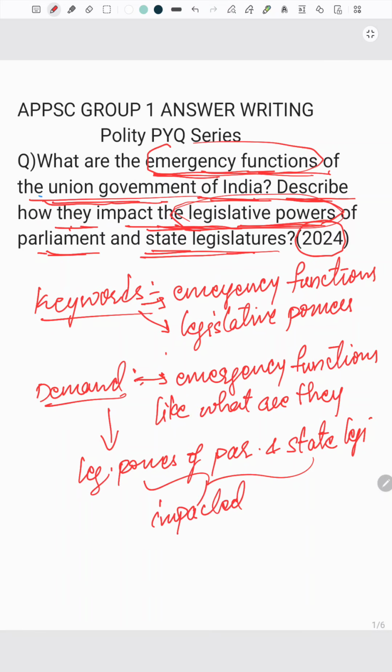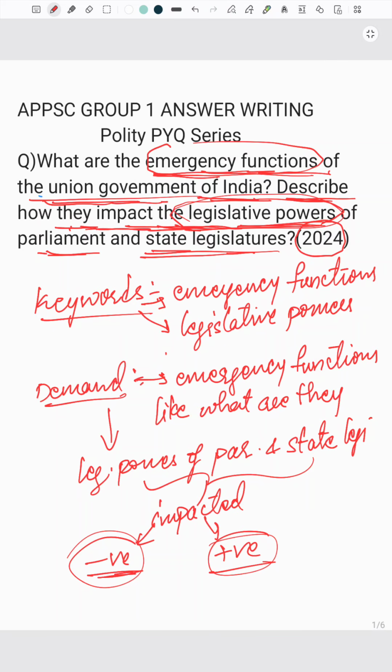I'll tell you a small thing. Whenever they say this, all of you will think of the negative impacts, and we will only focus on negative impacts while writing the answer. But you also need to focus on the positive impacts. You know that every coin has two sides. For each and every action there will be a positive thing and a negative thing.